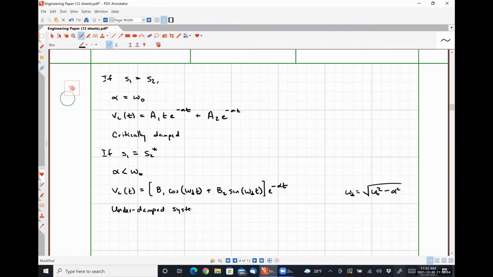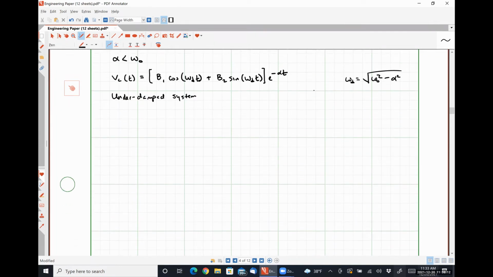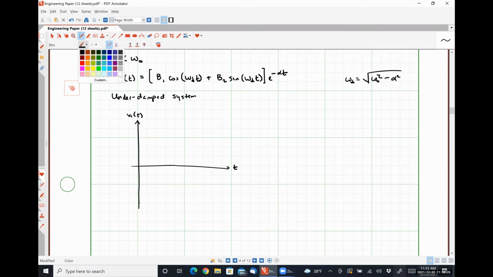So in an underdamped system, we'll hit our final value very, very quickly, but we're going to wind up overshooting it and then correcting, and we'll see that we're going to have ringing occurring. So if I graph these guys, here's VC of t, here's t.